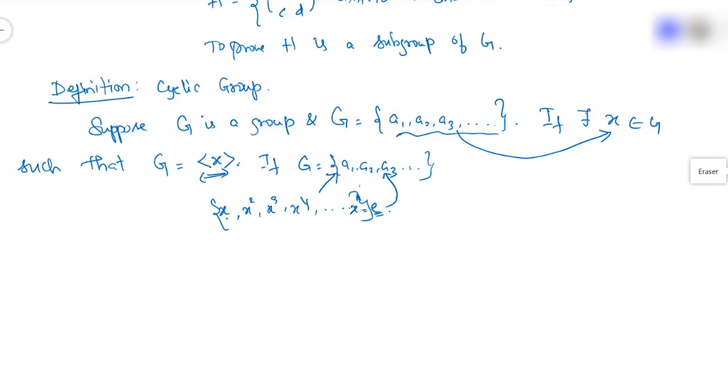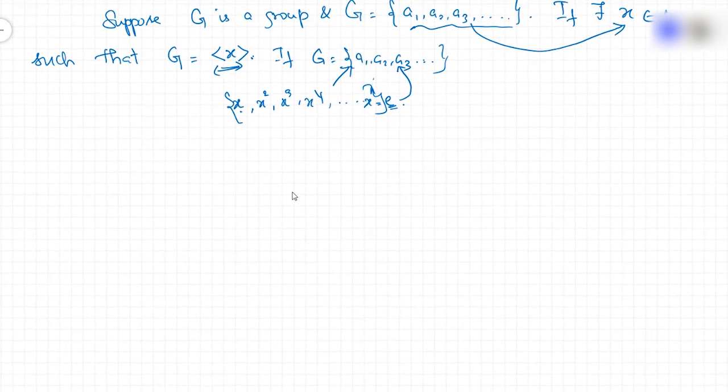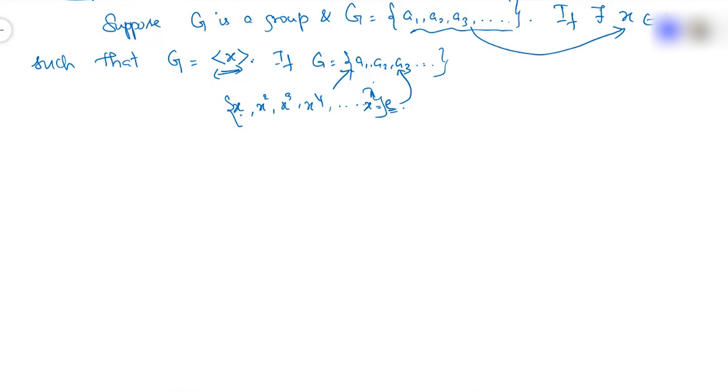We will see the example. For an additive group, instead of power, you have to multiply with the number. For example, we take the same group Z6, which is 0, 1, 2, 3, 4, 5. I am taking the element 5. If the group is under multiplication, I have to raise the power.